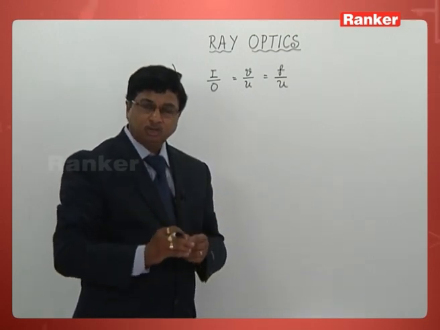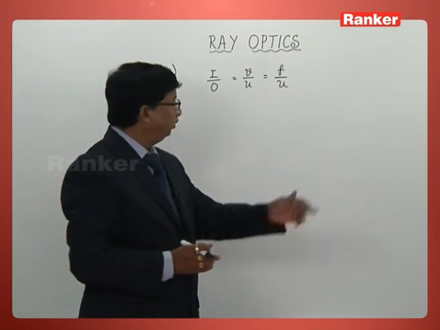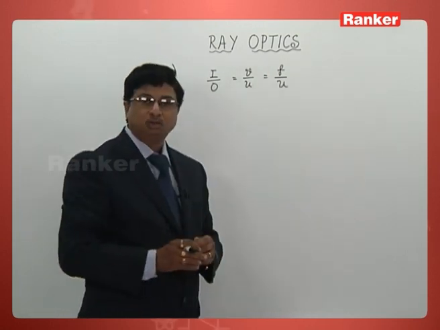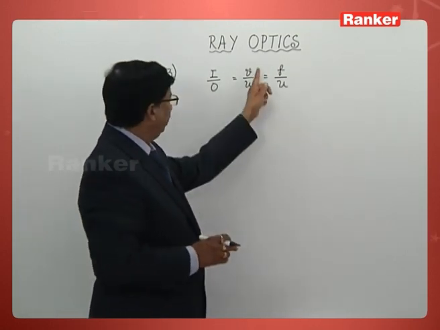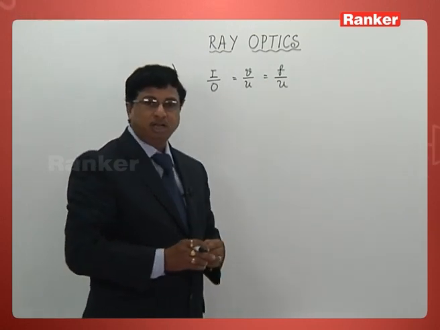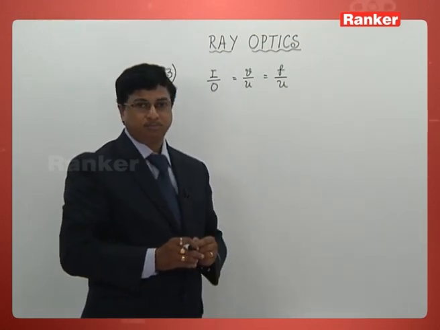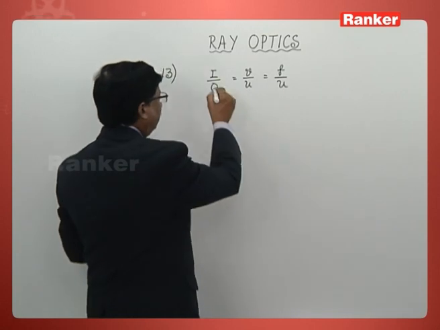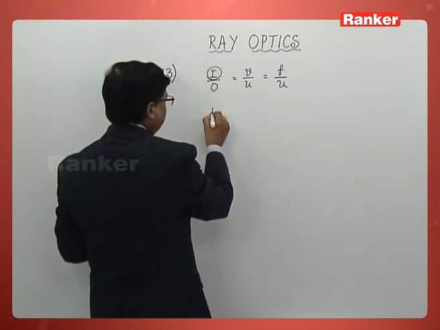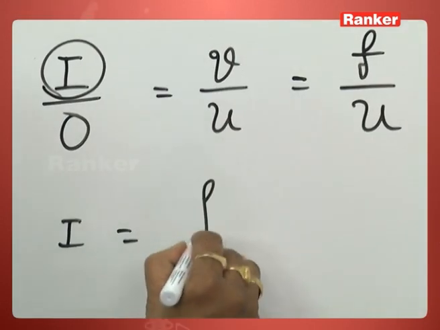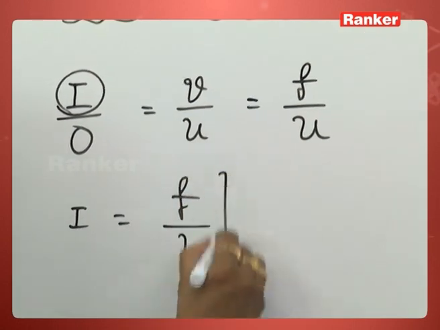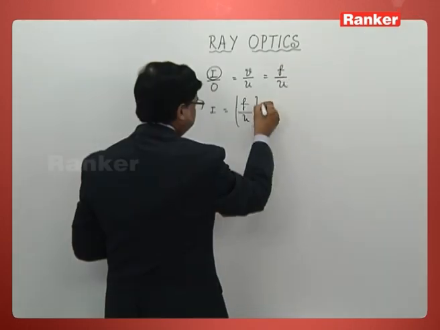Very close to the focal length means at times we take it as equal to focal length only. So V by U now can be written as F by U for us. Now what we just want is size of the image. So I must be F by U times O.